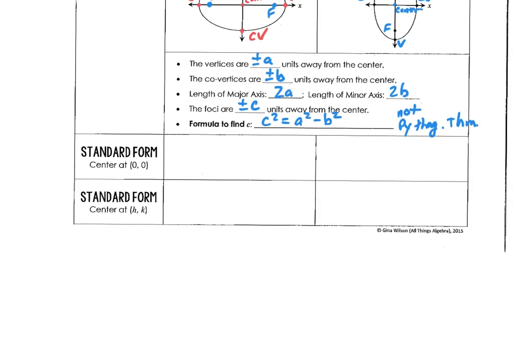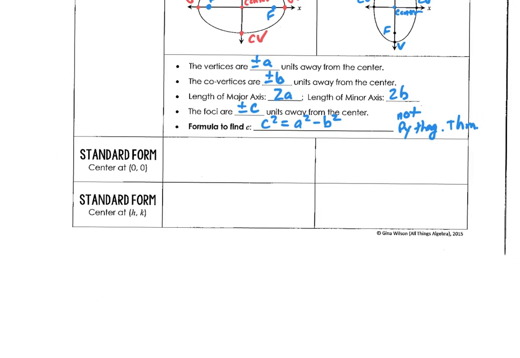Okay. Standard form of an ellipse. Now there's 4 different equations here. They're all very, very similar to one another, just based on if it's vertical or horizontal, what kind of ellipse do I have. If my center is at 0, 0, it's going to look like this.